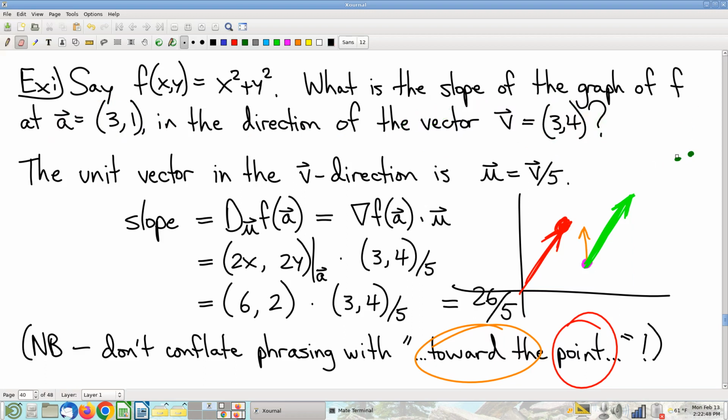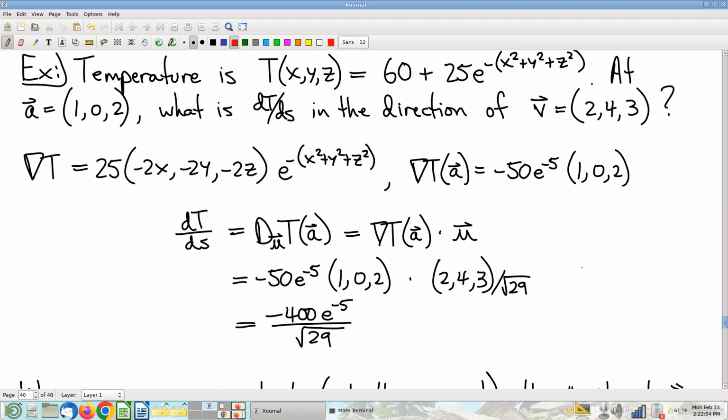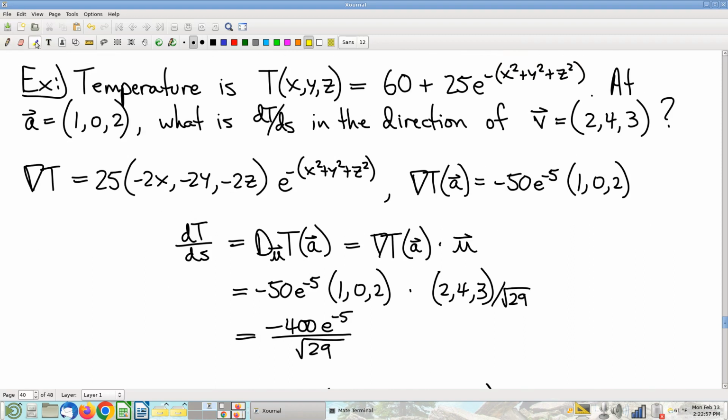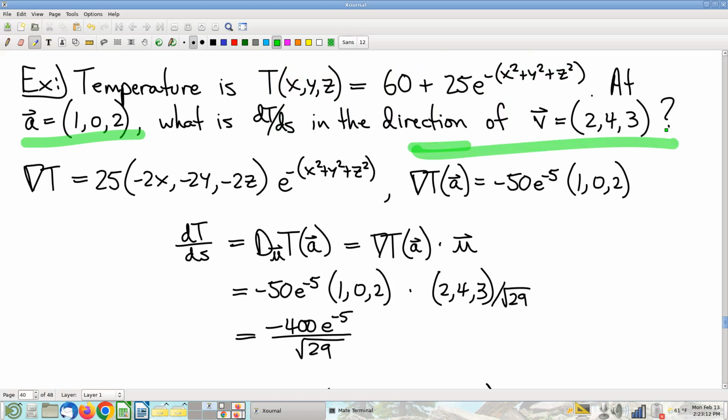Okay, so next example. Another temperature example. I like temperature as an example. I find it relatable. We've got a function giving me temperature as a function of location. And as before, I'm at a certain point and I'm contemplating moving in a certain direction. I want to know, how fast is the temperature changing per unit distance traveled if I were to move in that direction? Notice there is no statement in here about any actual movement.